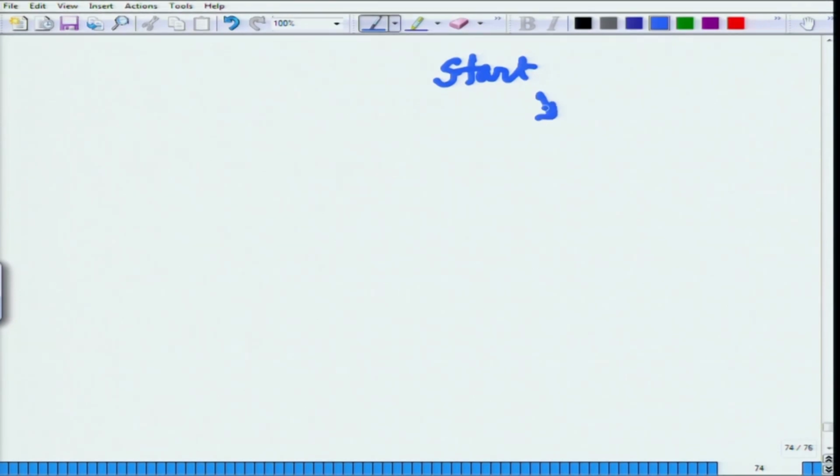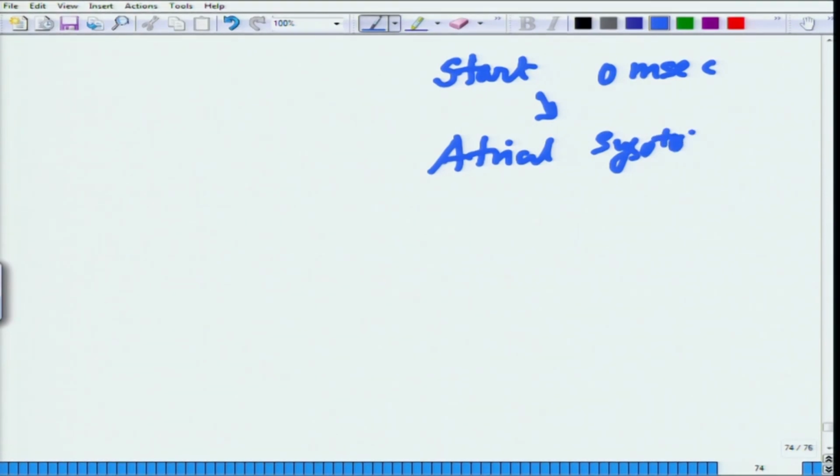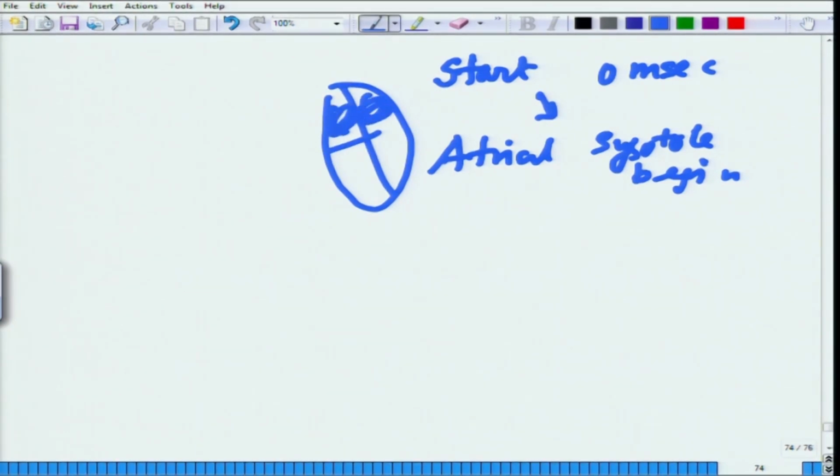Okay. So, let us put a start point here. The first thing which happens, and this is at 0 milliseconds, is that atrial systole begins. This is the step when the atria, which are all filled, start to contract.